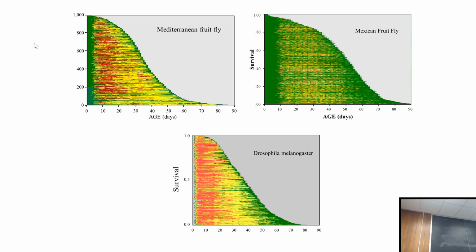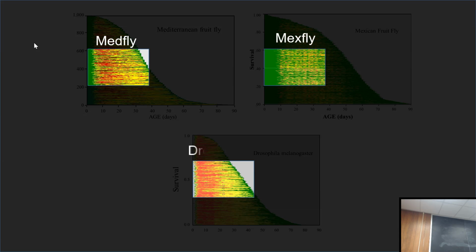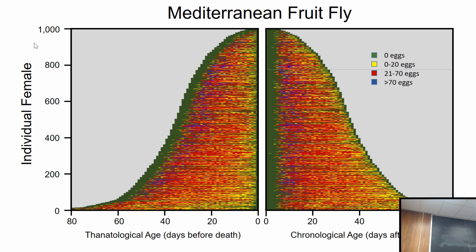But in any case, this is 1,000 lines, 1,000 individuals, all color coded. So you see the pattern there, the medfly, a different species right in here, and this would be Drosophila. Then you can see just a slice of the reproduction here over age and individuals, and you can see immediately that there are different ecologies here, different reproductive patterns, and so forth. These are great diagnostic tools.